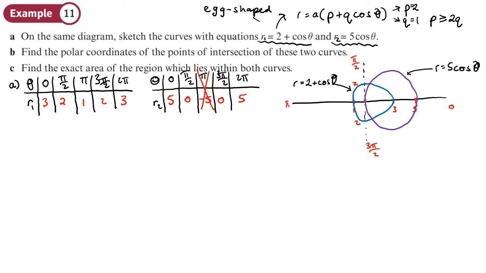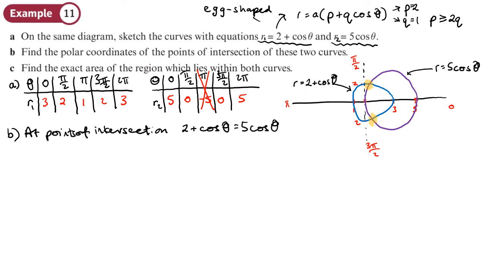Now part B, it says find the polar coordinates of the points of intersection of the two curves. The points of intersection are going to be these points here, and at the point of intersection the equations are equal. So at the points of intersection, we will have 2 plus cos theta equal to 5 cos theta.